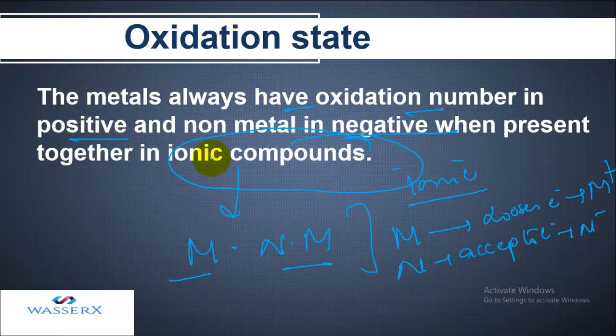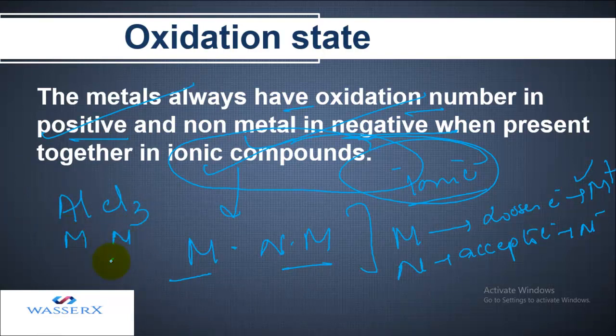So whenever they are present in an ionic compound, that is bonded with an ionic bond, then the oxidation state of metal is always positive, and for non-metal it is always negative. And you need to remember that. Similarly, if I have a compound AlCl3, we know aluminium is metal and chlorine is non-metal. So in this, aluminium is going to have a positive oxidation state and chlorine is going to have a negative oxidation state.